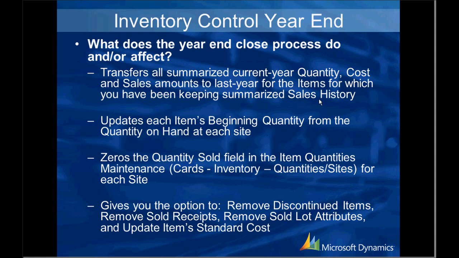It moves the beginning inventory quantity from the quantity on hand, and zeroes out sold fields, quantity sold, and item quantity maintenance. The next step is you have options to remove discontinued items, remove sold receipts, remove sold lot attributes, and update the standard costs.